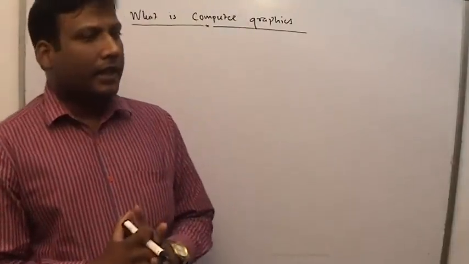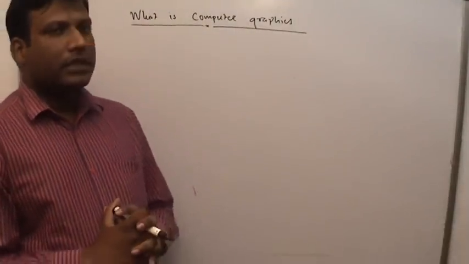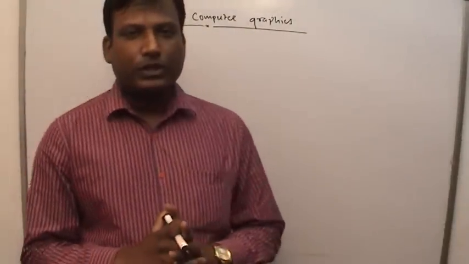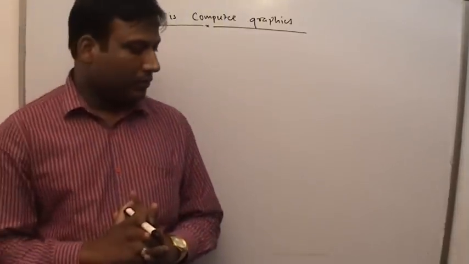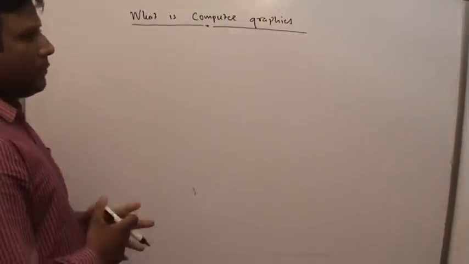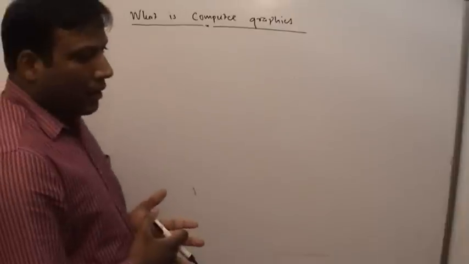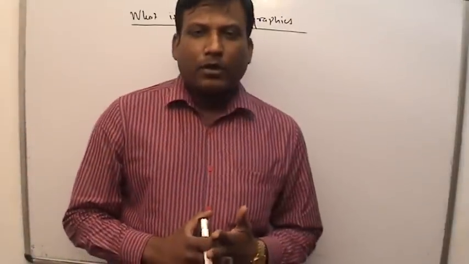That means we can say that computer graphics is the study of how to generate or draw an image on a computer. An image may be anything: a glass, a pen, or a picture.